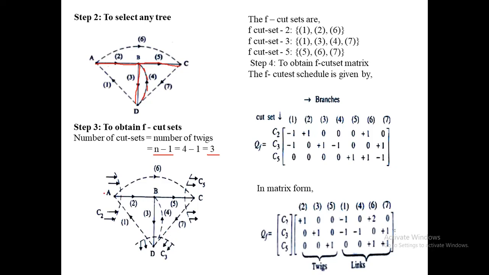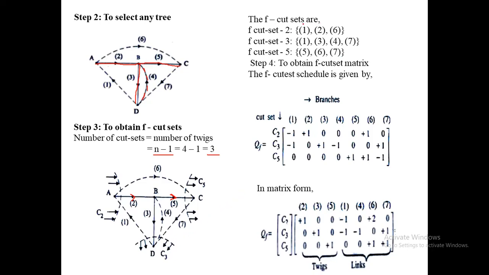Then the directions of the cut set should be based on the tree branches, this solid line connection. Here it is in this direction, so the cut set direction is also the same direction. The solid line represents the branches of the tree. Here this is the opposite direction, so the cut set direction is also in this direction. Then this is the downward direction, so the cut set direction is also downward.